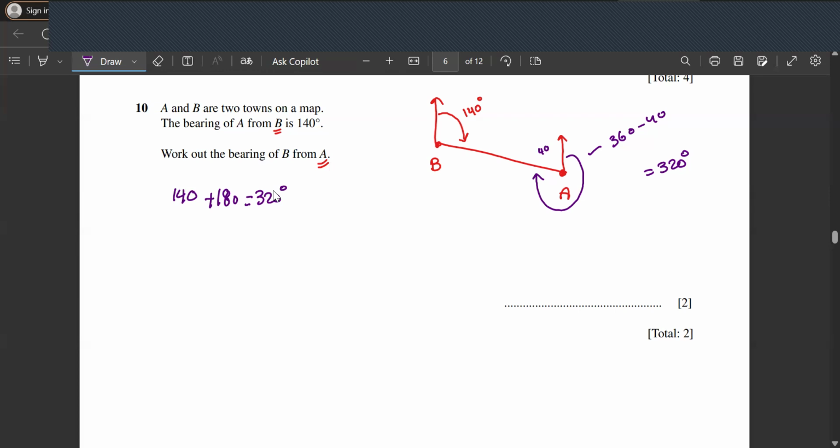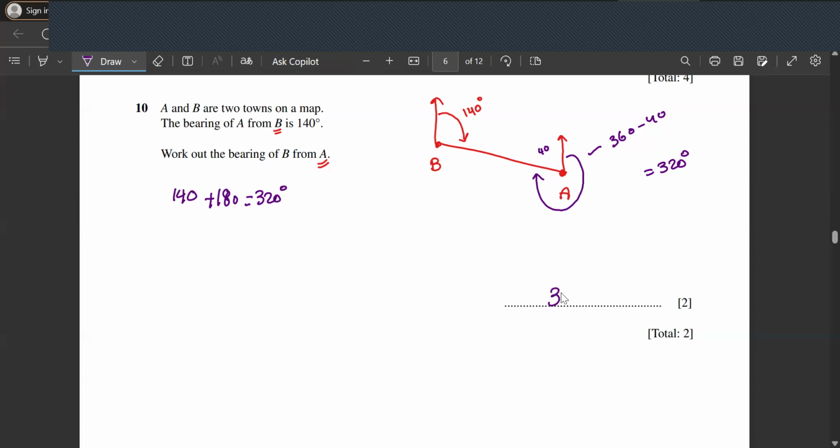If the given angle is smaller than 180, add 180. You will get the answer directly without wasting time. If the angle is greater than 180, for example, the given was 200, subtract 180. So the other bearing is 20.